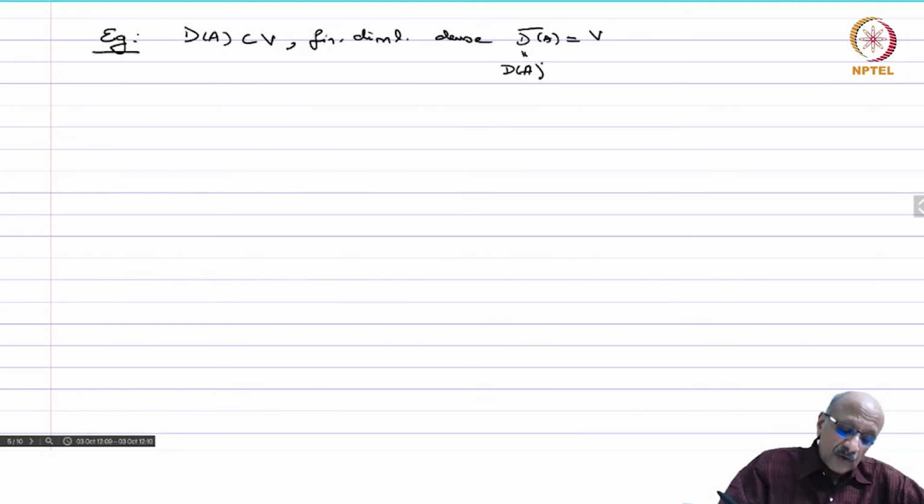Therefore in the finite dimensional case, a densely defined operator is always defined on the entire space. Once you have this, we have already observed that you can define the adjoint on all of the dual space, which is again isomorphic to the same space.